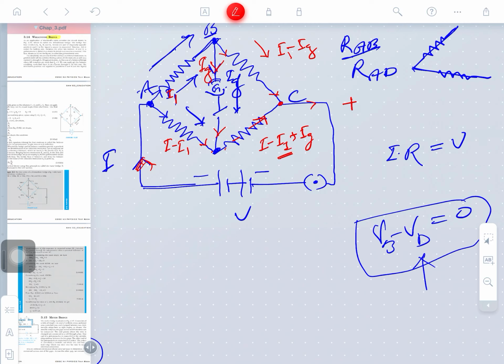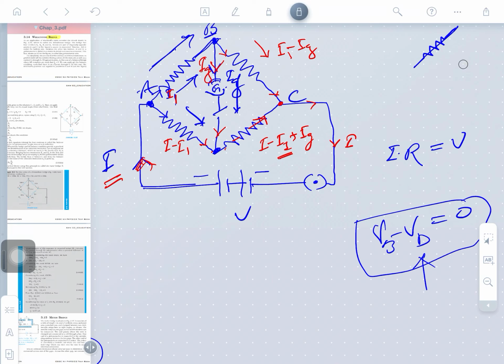So if they meet here, it is I1 minus Ig plus I minus I1 plus Ig. So Ig cancels, I1 cancels, and current I remains. So the current I introduces is the same current leaving the circuit. Is that clear or not?